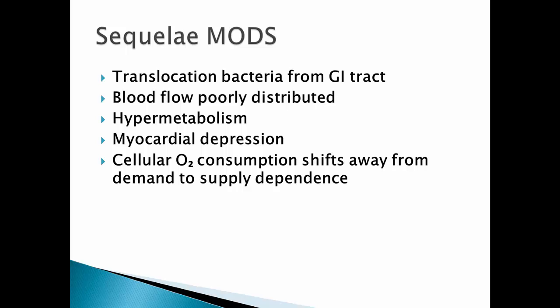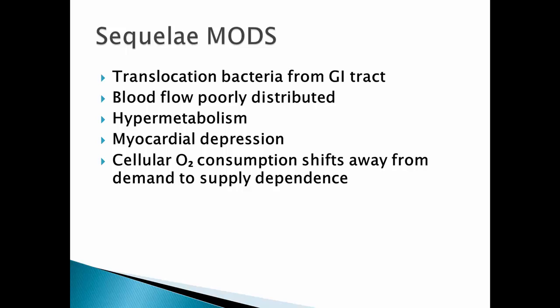As that GI tract is poorly perfused, the bacteria that should stay within the GI tract begin to move out of the GI tract into other cells, other organs, into the circulation. That's one of the reasons why we talk about making sure that we maintain the gut mucosal barrier.